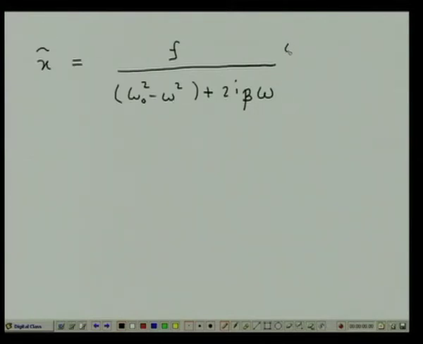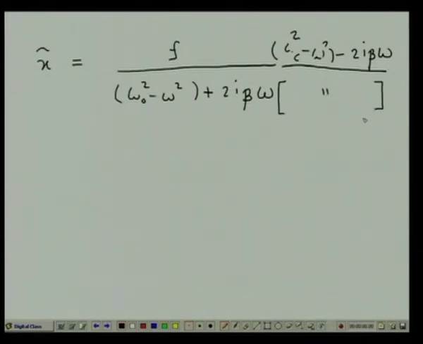We will put a factor of omega naught square minus omega square, and then I put in a factor of 2 minus 2 i beta omega, and here I also put in the same thing which is there in the numerator.